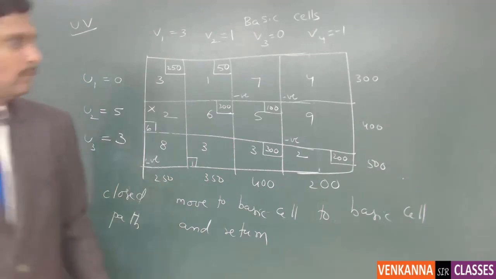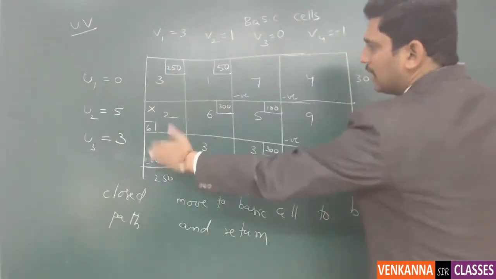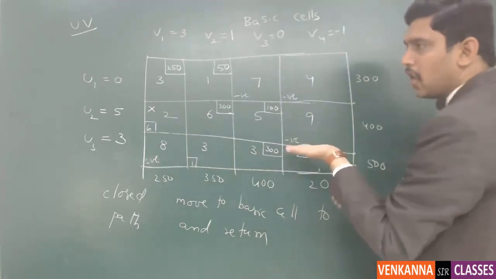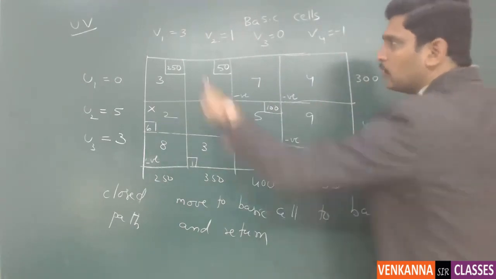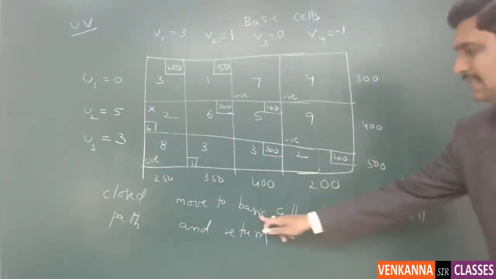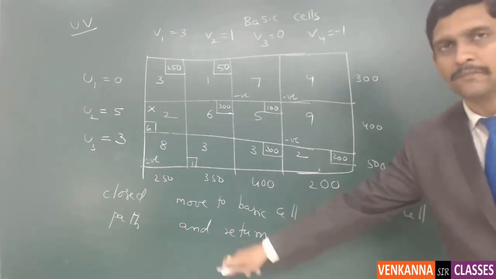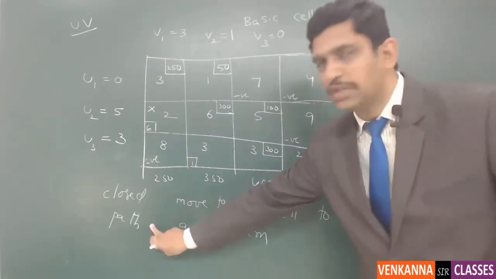From this you can move either horizontally or vertically, not diagonally. You can move horizontally or vertically from basic cell to basic cell, and you should return to the same position so that you will get a closed path.